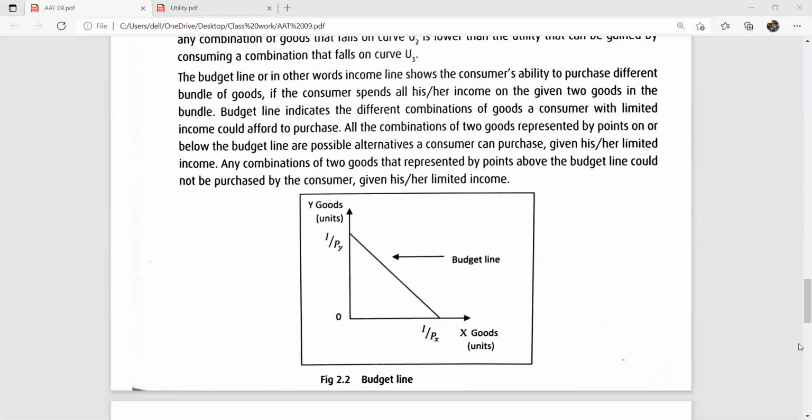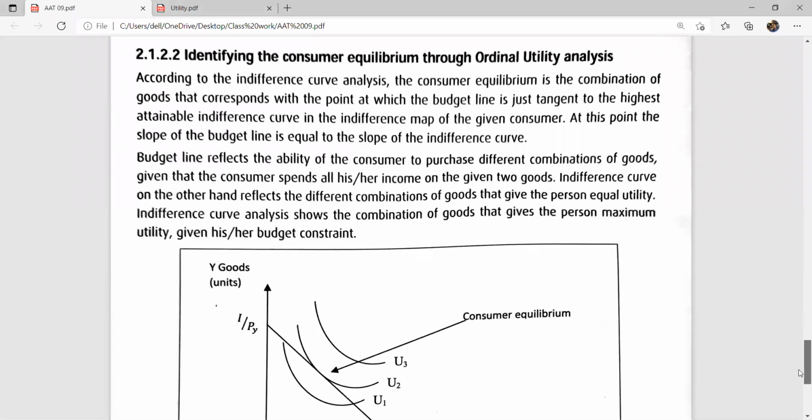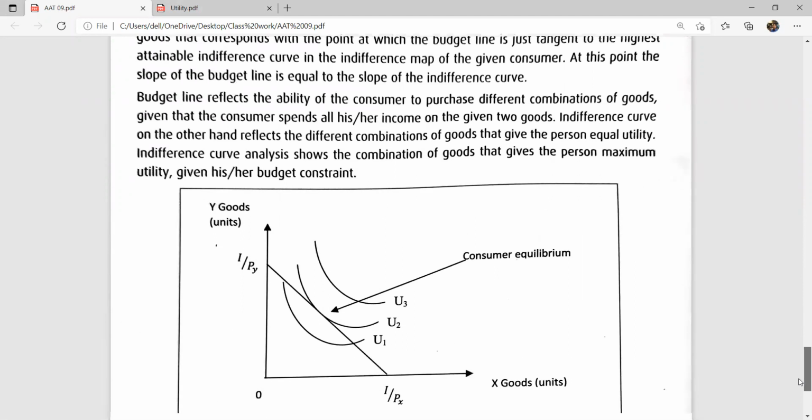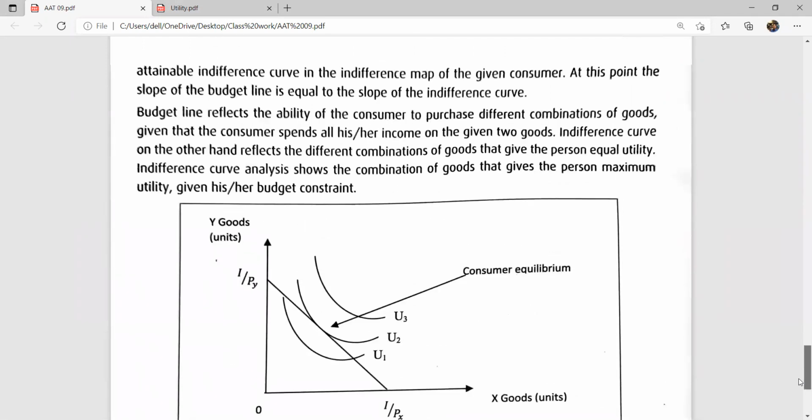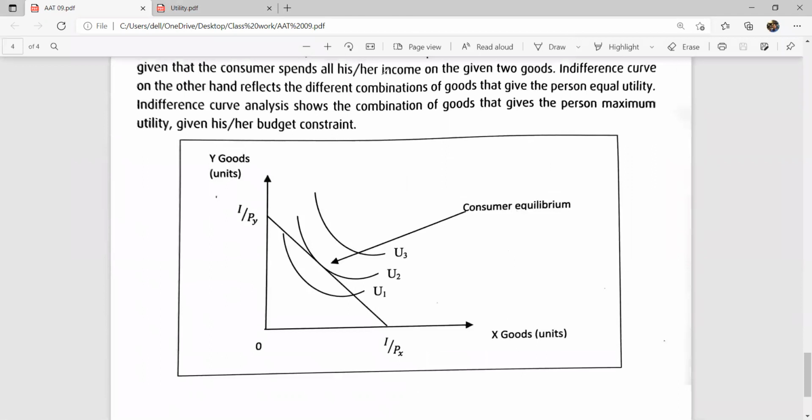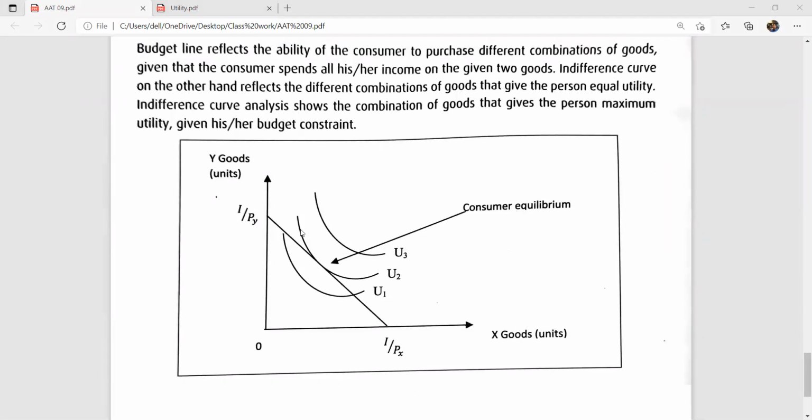So over there, identifying consumer equilibrium through ordinal utility analysis. I told you before, consumer equilibrium in this case: the consumer has a fixed income. The consumer can buy either Y or X, or else a combination throughout the line.